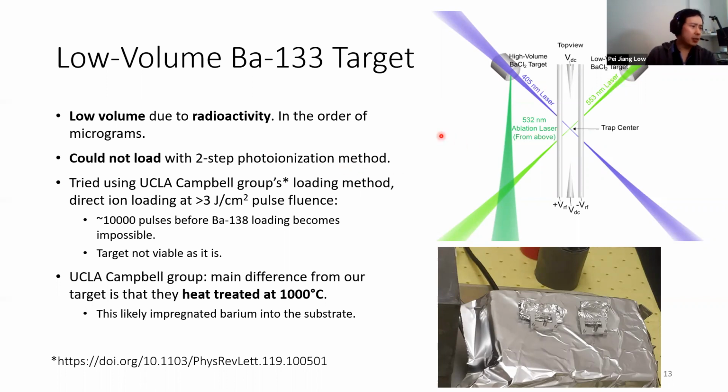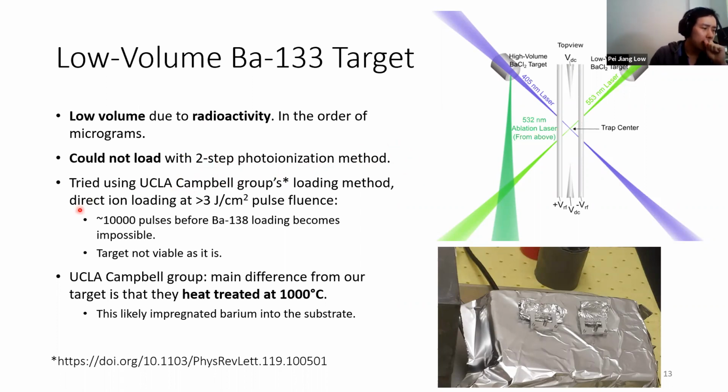And what we find is that we could not load with the two-step photoionization method, and so we tried using the method that the UCLA group is using. The UCLA group is the pioneering group that is trapping barium 133 for qubit experiments.